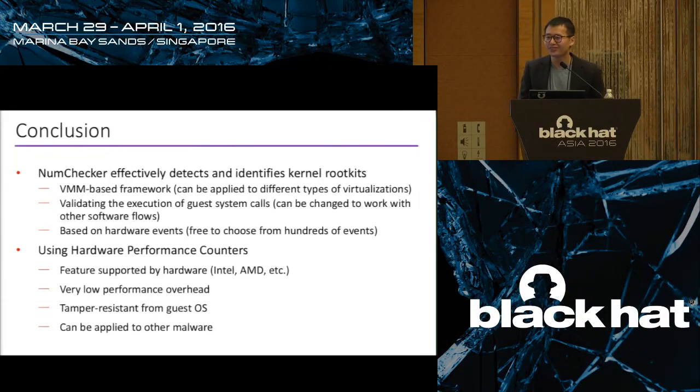I think yes, but another question is, will the benign programs have uniform counter values for similar system calls? Uniform performance counter values. Uniform, what do you mean by uniform?